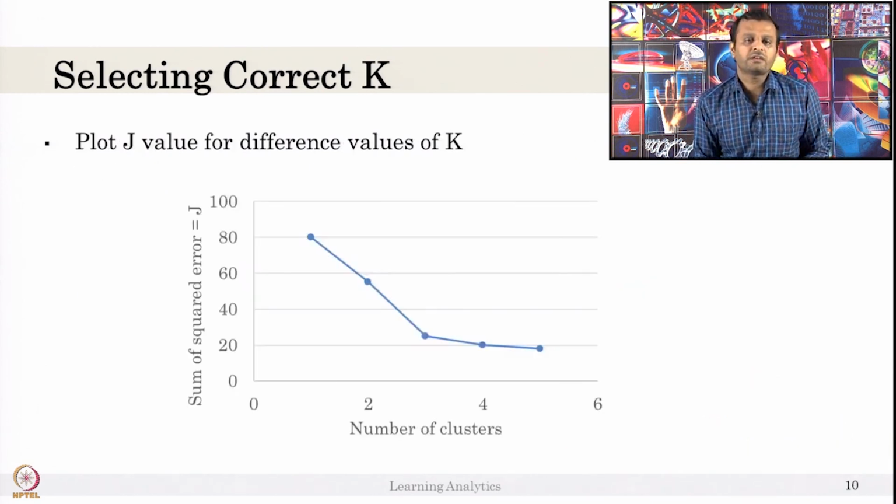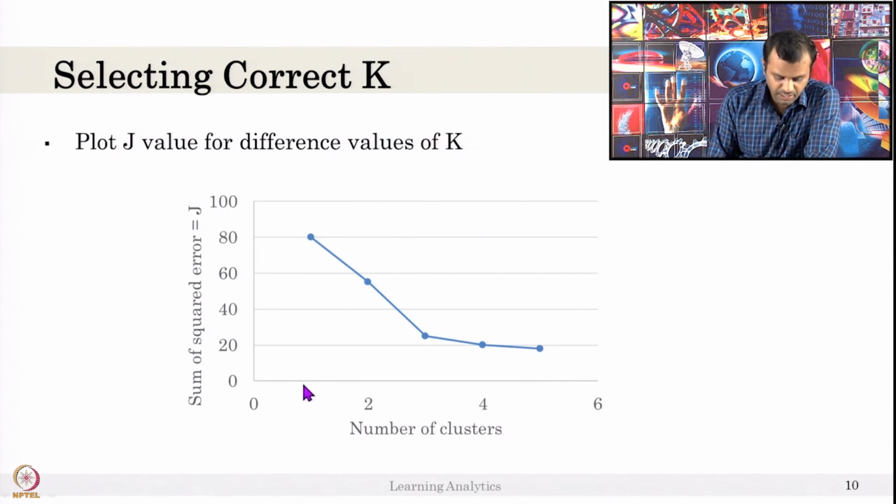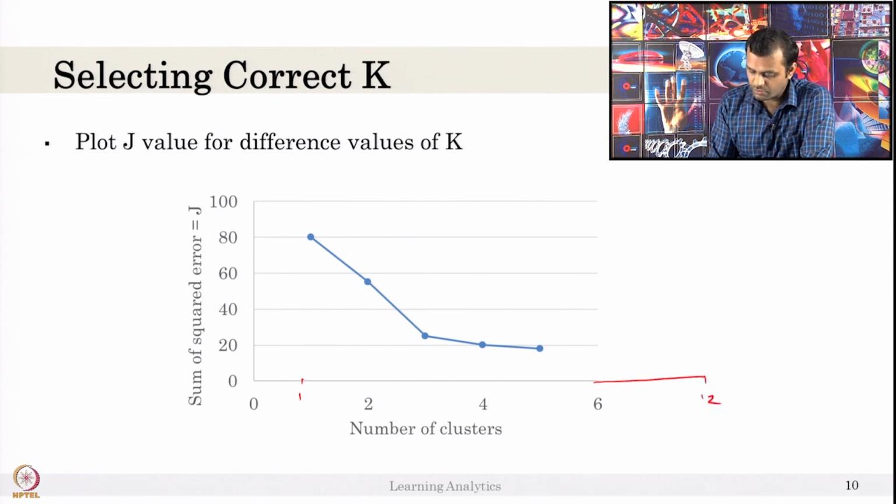If I plot it for 1 cluster, 2 clusters, 3 clusters, what I was saying previously was the sum of squared errors, that is the objective function J. If I computed it for k equal to 1 cluster, this is the maximum value you can get, and if you go to, say, 12 clusters for 12 points, it might be 0, the point might sit here, okay. So, now if I compute it, I can plot it like that, right.